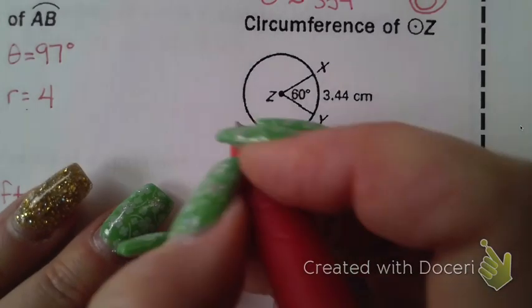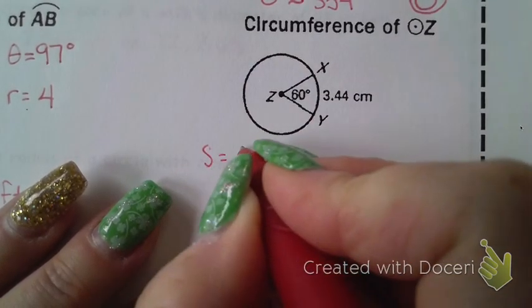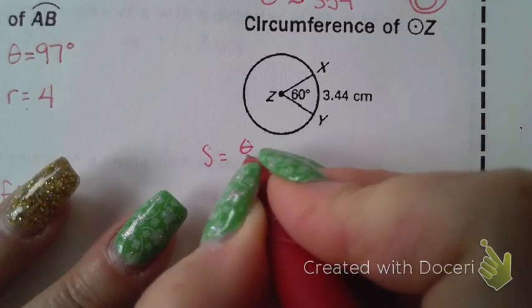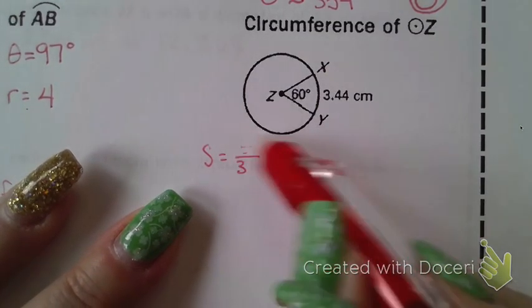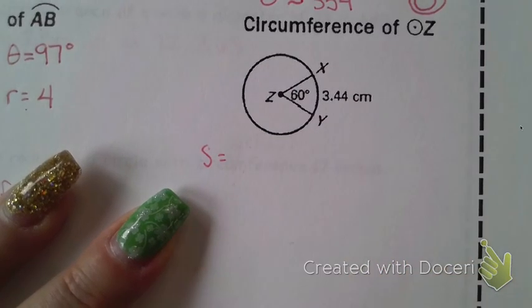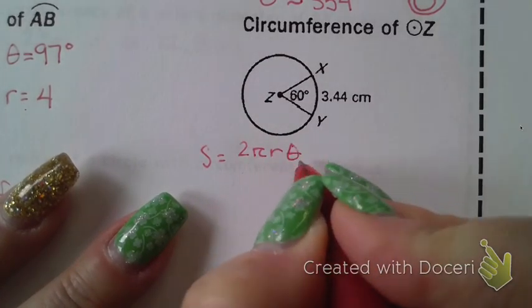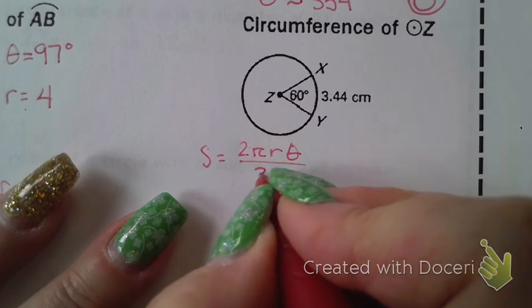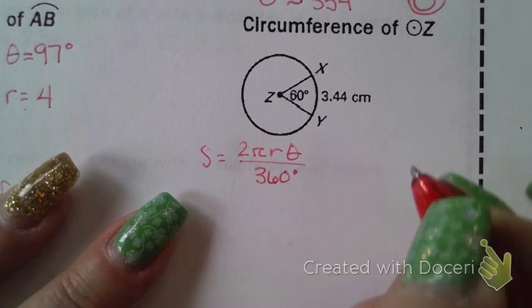I want the circumference, so I need to go backwards, don't I? Yes. So I know that S equals theta over 360 times 2 pi r. We're going to put it all together, right? So we can rearrange it. 2 pi r theta over 360. But I want circumference.